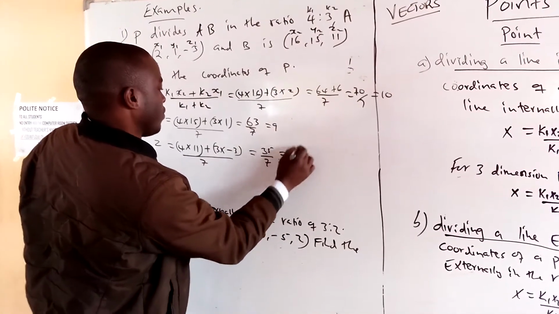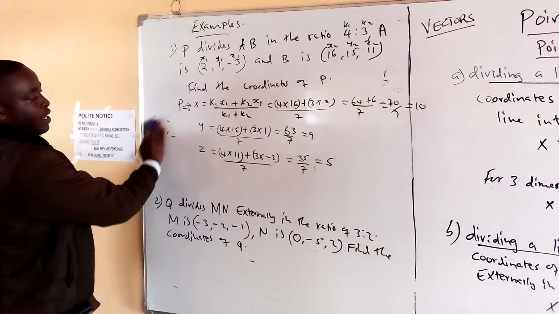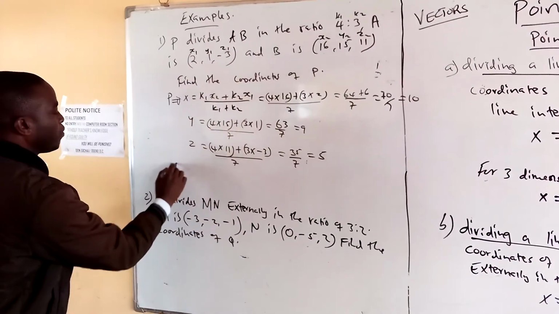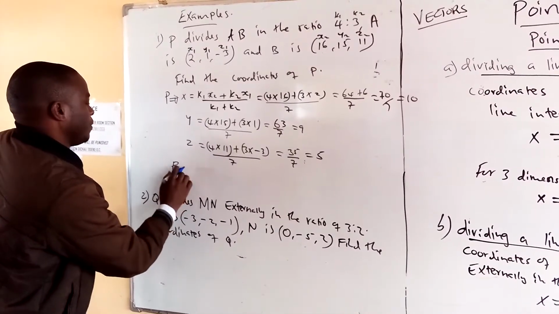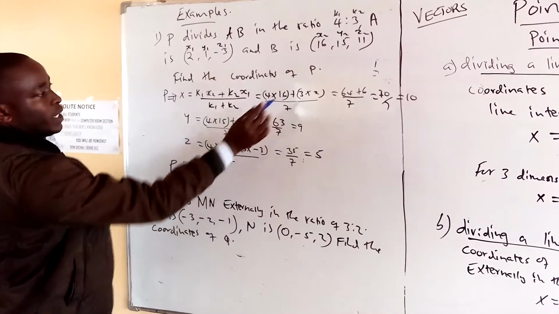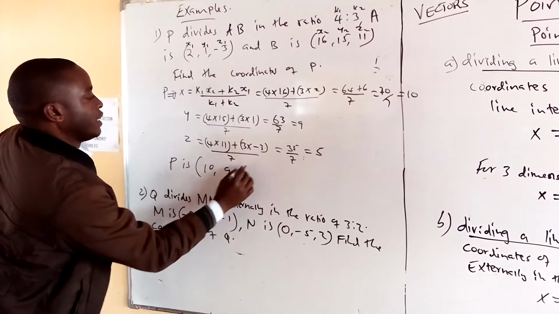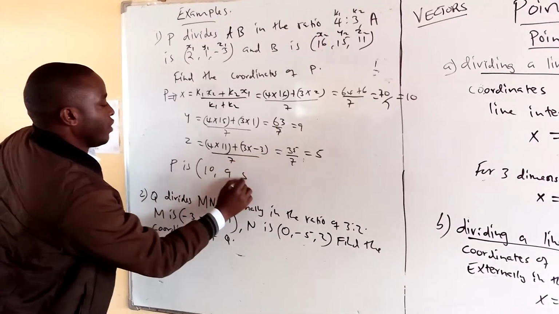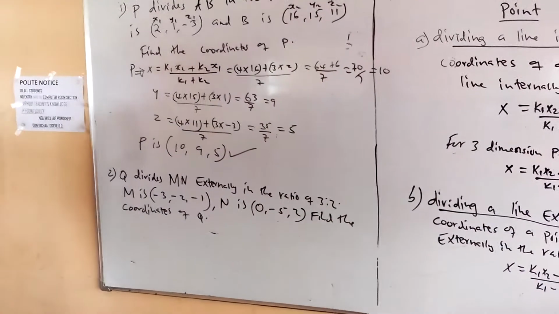This gives you 5, and therefore our point P is, you start with x, which is 10, 9, and then finally 5. So that is the coordinates of point P as per the question.